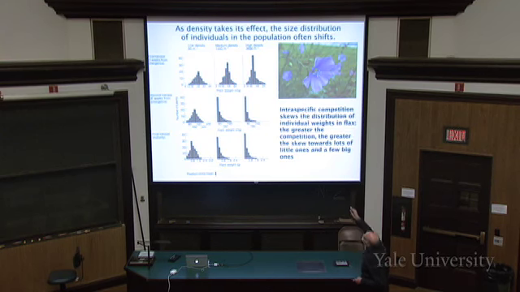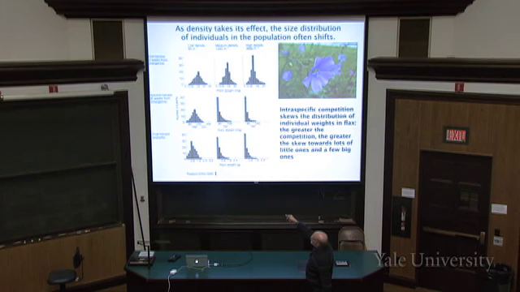And this is a very interesting one, and this is measured in flax. If you start at low, medium, or high density, 2 weeks after emergence, the distribution of body sizes in the population is pretty similar. It's a nice bell-shaped curve.